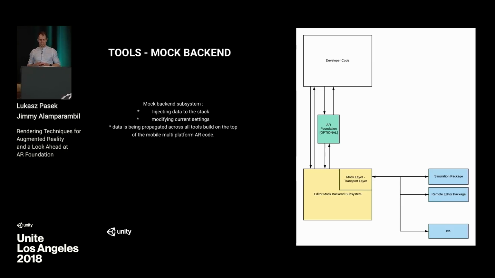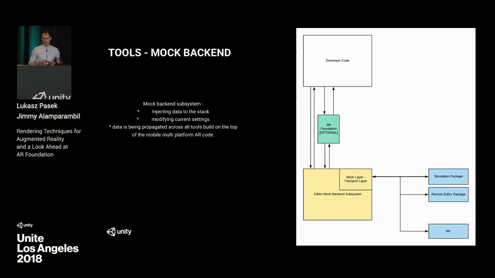What it allows you to do is alter the state of the underlying AR data. You can modify any information AR Foundation stores underneath, including settings, plane data, points data, camera position, etc. For developers, it allows you to create test scenarios and mock the data for debugging purposes within the editor.